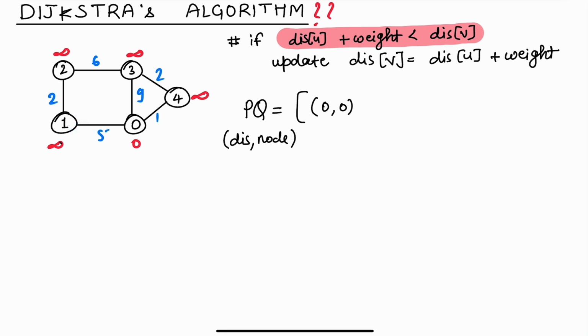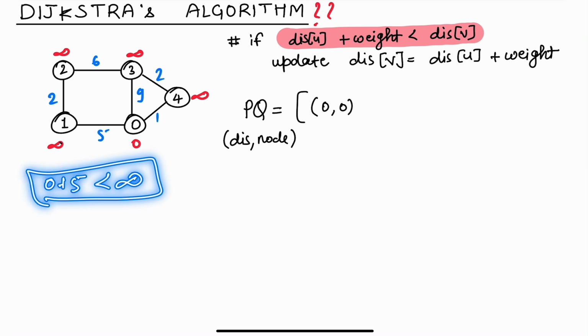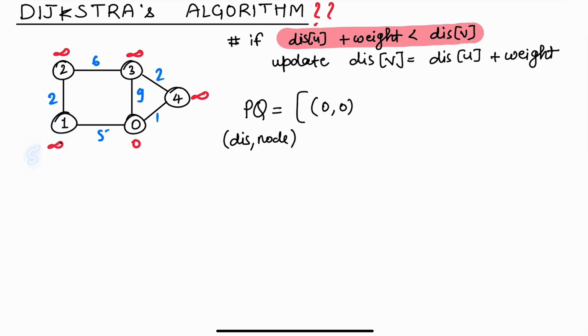What we see is the distance of 0 plus weight, that is 5, which is less than infinity. So we will update the distance of 1 to be 5. Let's write it here, 5, and we will update the priority queue to be 5 distance with node 1, and we will pop this 0, 0.